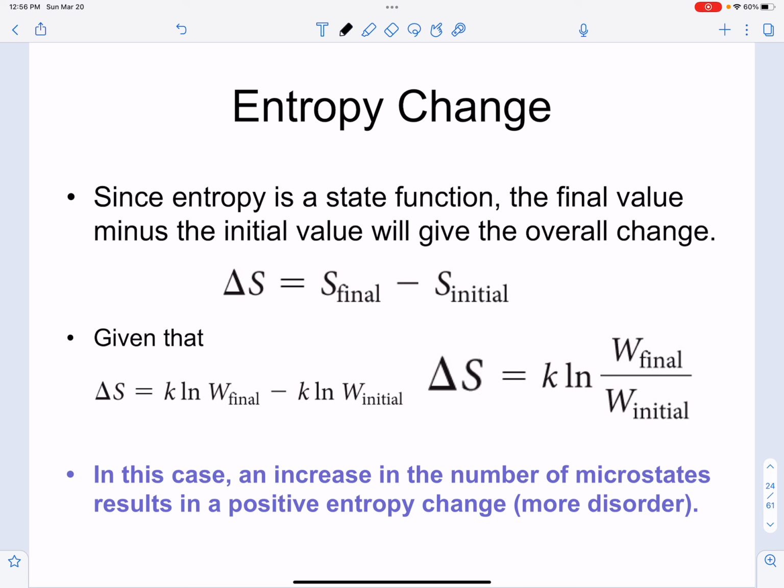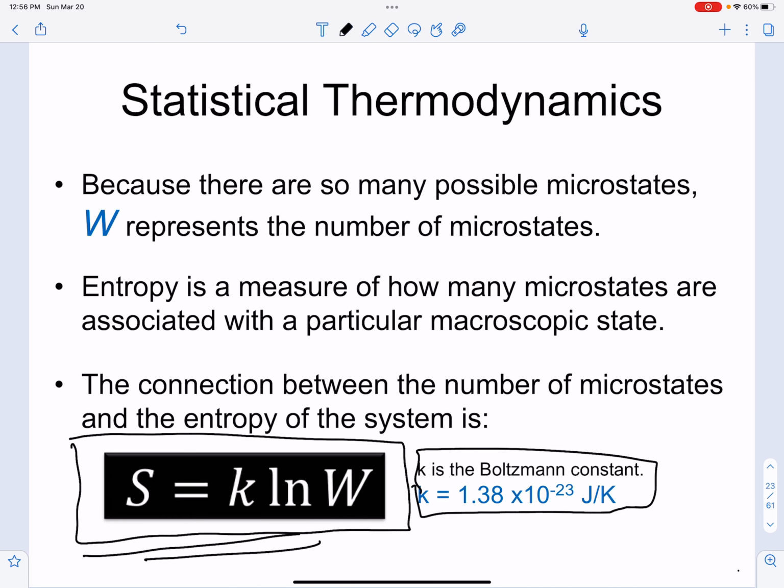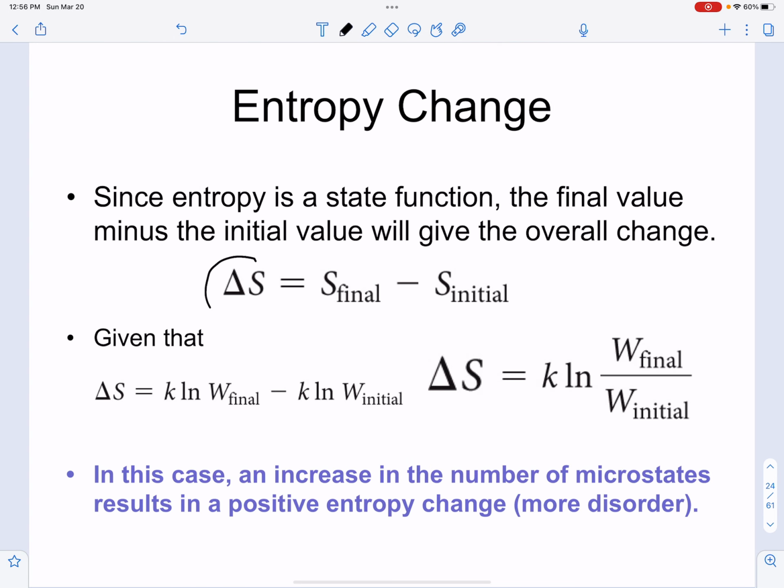And this is another variation. Remember, the previous formula gives you the entropy on its own. But if we're talking about the change in entropy, then it's nothing more than the final entropy minus the initial entropy, which you can summarize this way.